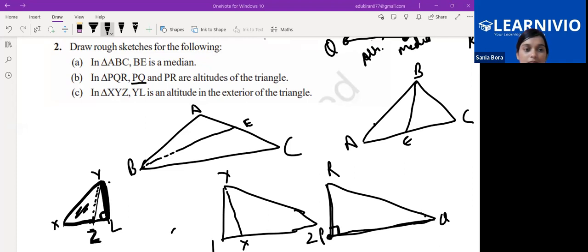Ma'am, so the altitude should always be in a straight line, because it makes 90 degree. It's not about a straight line, it should make 90 degree. That's it. Over here, if it is written like this and it is written 90 degree, that means it is an altitude. Can we write it like this?